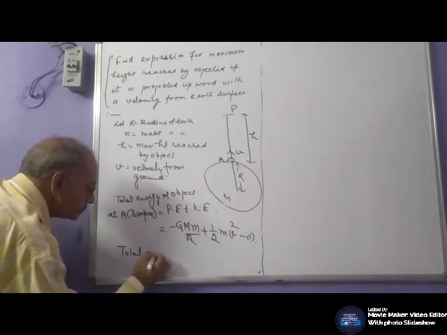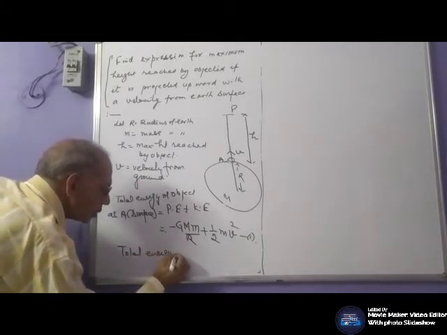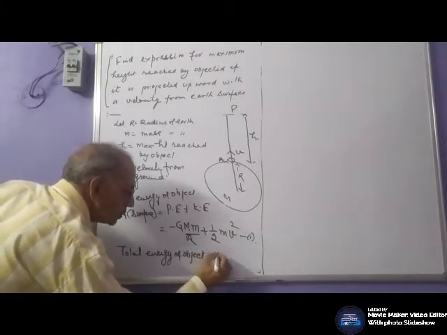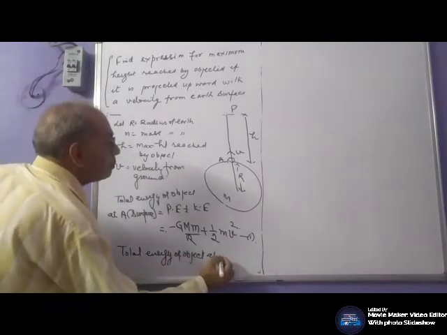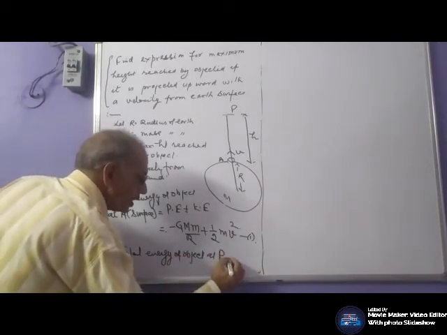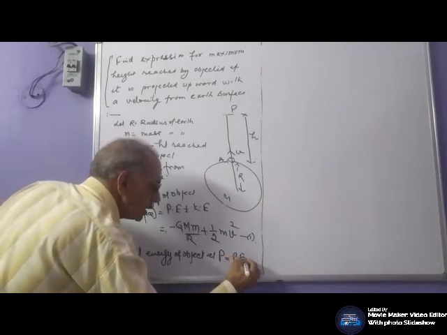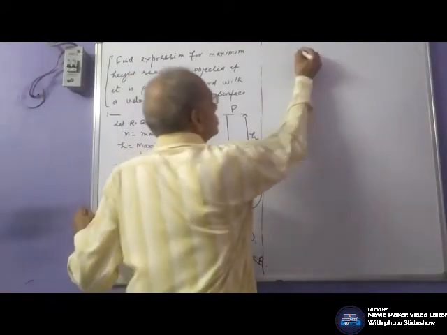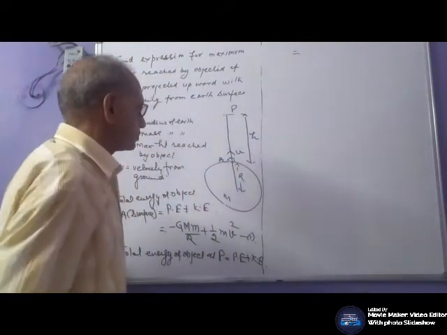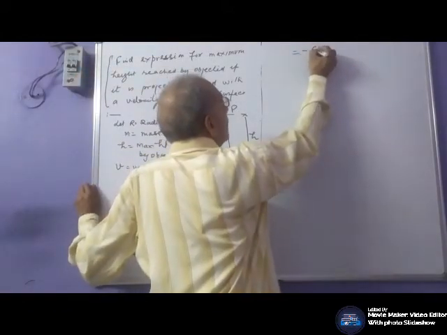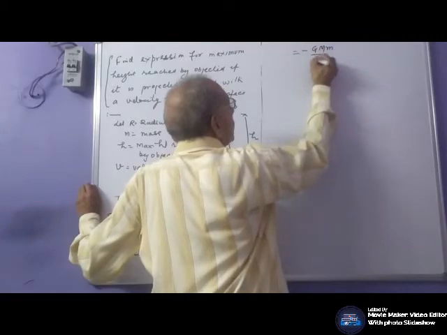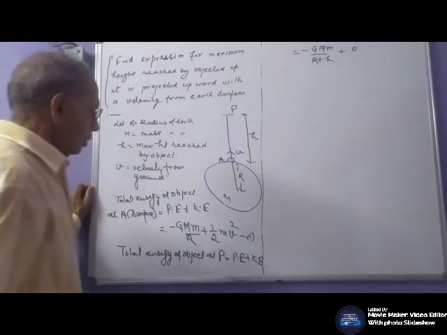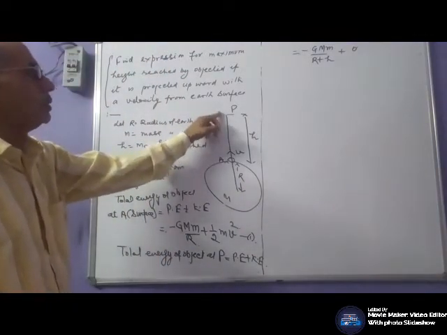Total energy of the object at P, that is what? Potential energy plus kinetic energy. Potential energy is minus GMm by R plus H, and kinetic energy is 0. Why? At maximum height the velocity becomes 0.